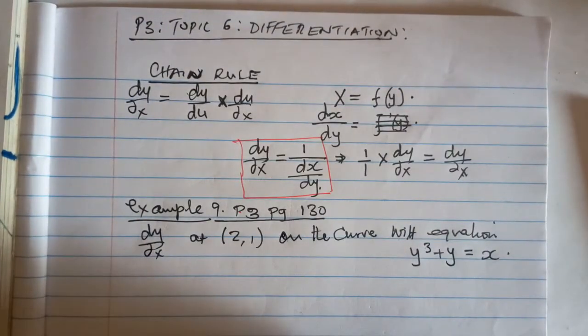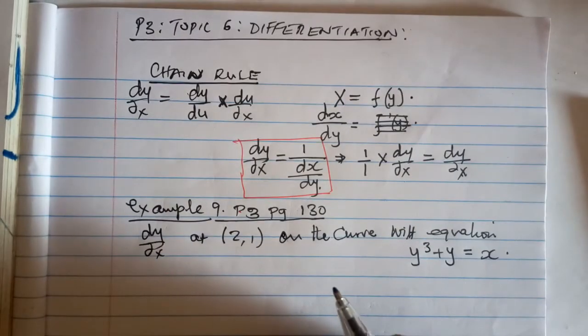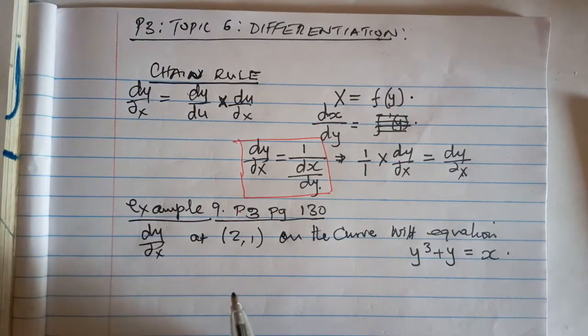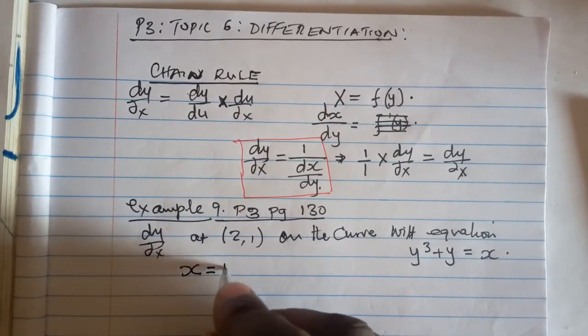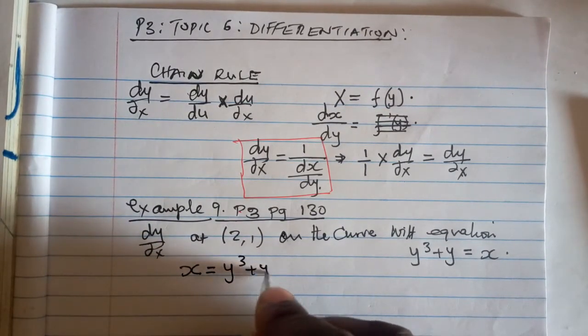It goes without saying this is an equation where x is the subject of the formula. And let's just write it clearly here that x equals y cubed plus y.